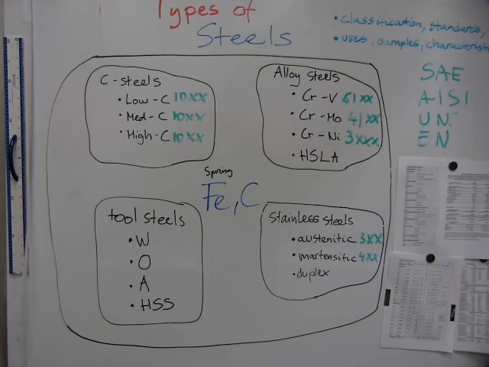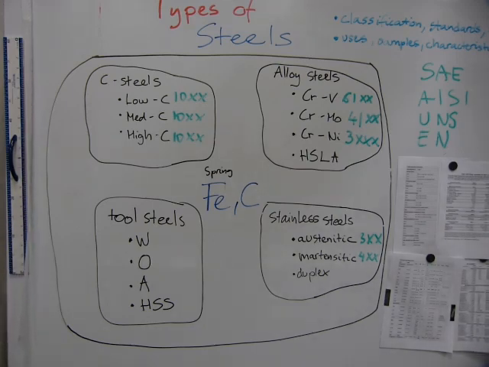The steels they make have to correspond to standards. Some of the organizations are Society of Automotive Engineers, American Iron and Steel Institute, UNS, an international steel classification system, and EN, European norms or nomenclature.